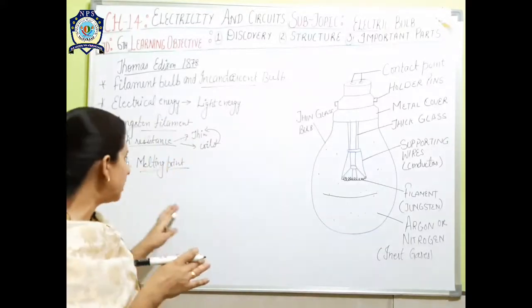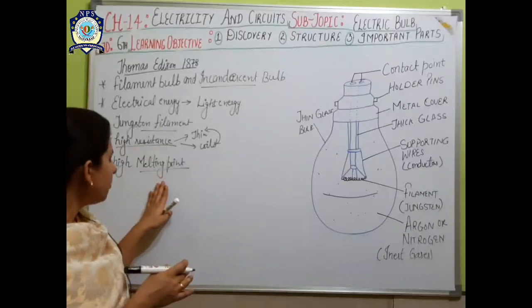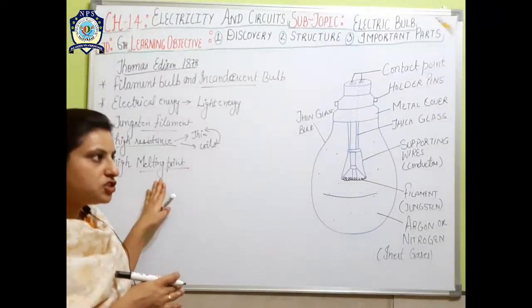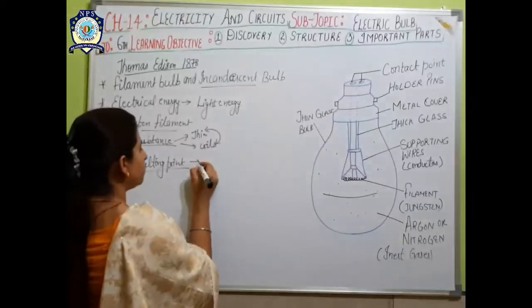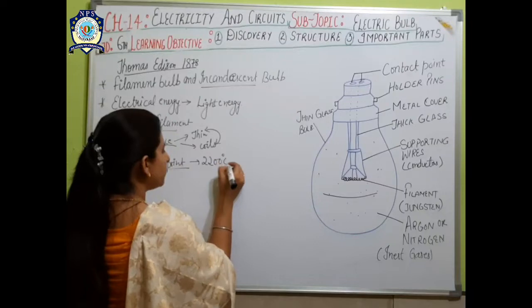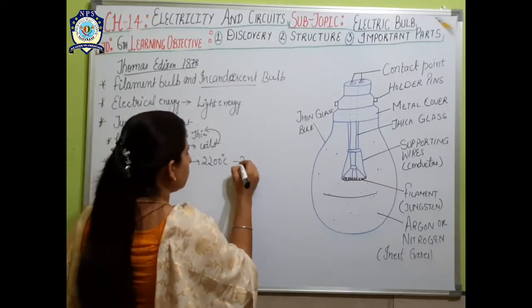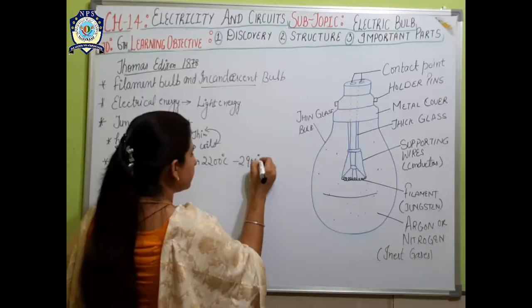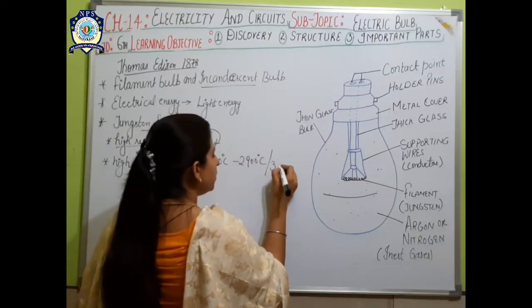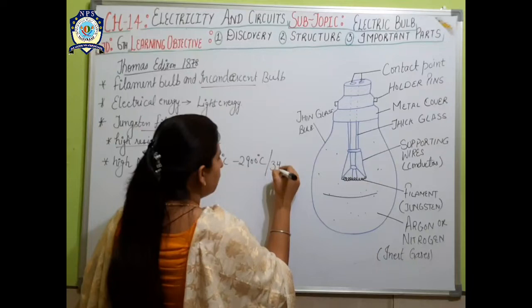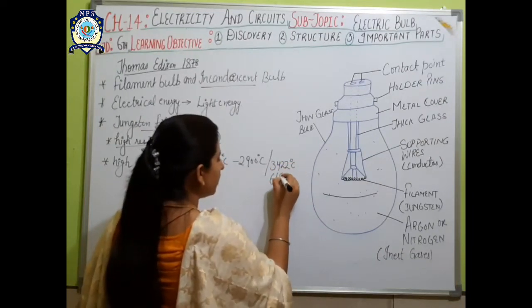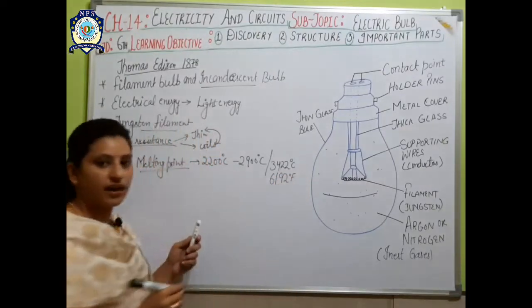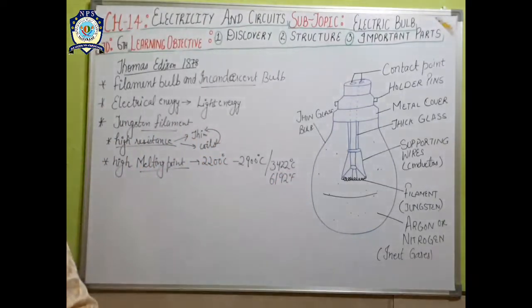So same is the condition here. Melting point means the point at which any material starts melting, and tungsten has a very high melting point, from 2200 degrees Celsius to 2900 degrees Celsius, even up to 3422 degrees Celsius, which is 6192 degrees Fahrenheit.